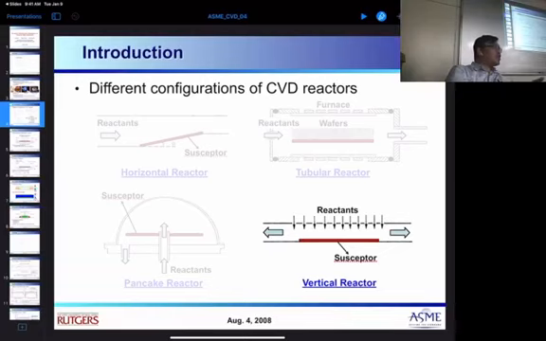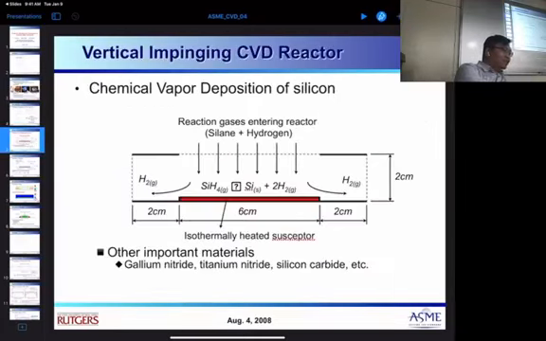Because of the heating, the chemical reaction happens at the bottom. So some product comes out and deposits at the bottom, and the rest of the reactant leaves the chamber. We were doing this, advised by my Indian professor. So that was the CVD I did.